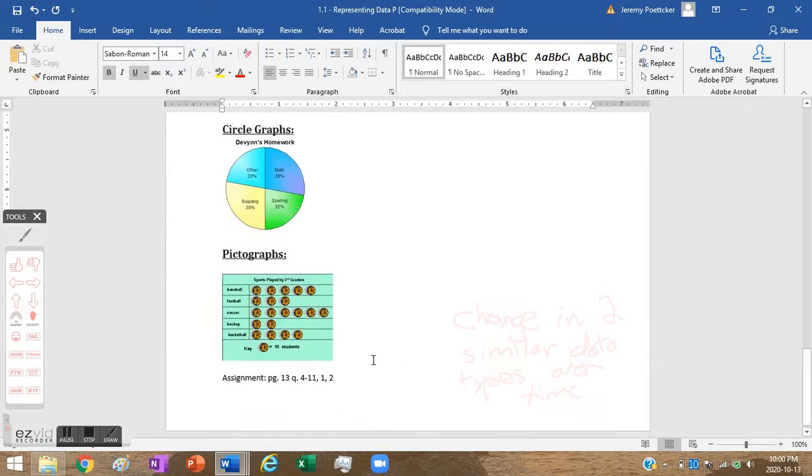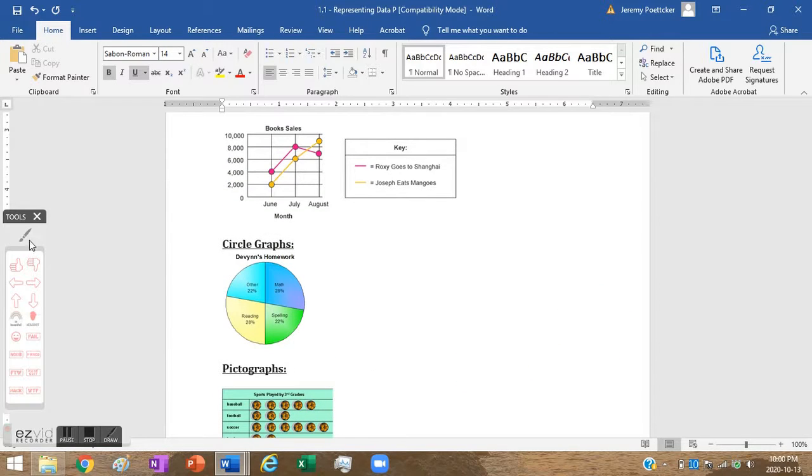All right, so circle graphs. When do we use a circle graph? Well, a circle graph is used to compare categories to the whole with percents. So, compares categories to the whole.